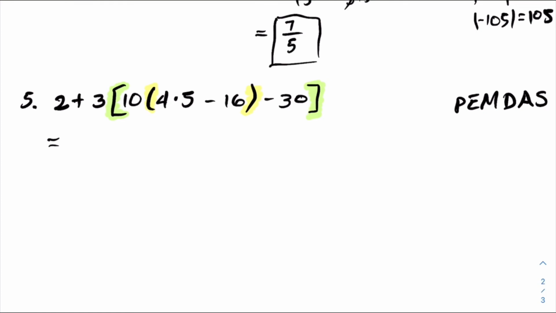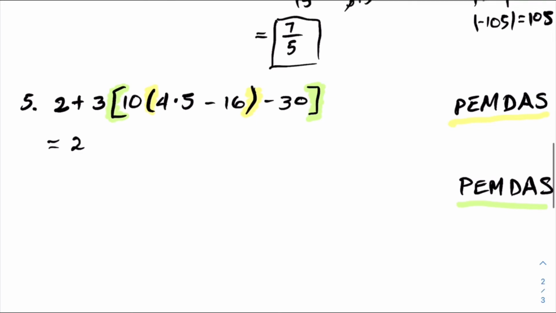Let's underline this yellow and PEMDAS underline green. Remember, we are solving from the inside out, so we're going to work with the parentheses within the bracket first.